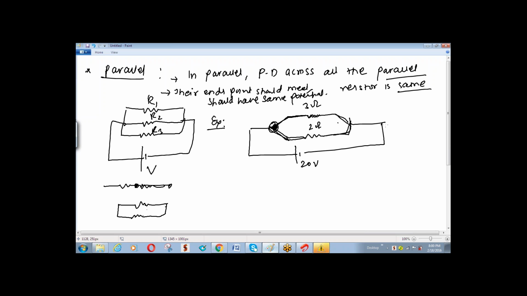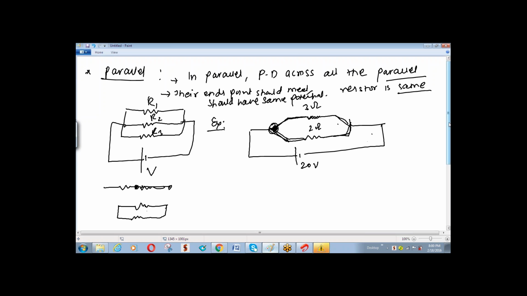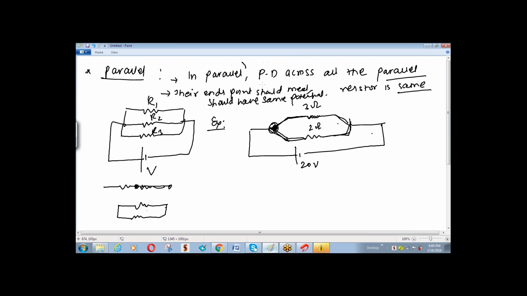Now, I told you already that in parallel the potential difference is the same. Whenever I say the words potential difference, you should keep in mind V equals I times R. So the potential difference across any resistance is the current in it multiplied by its resistance value. Now let's suppose the current I is supplied by the battery.